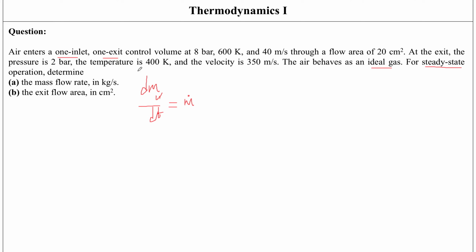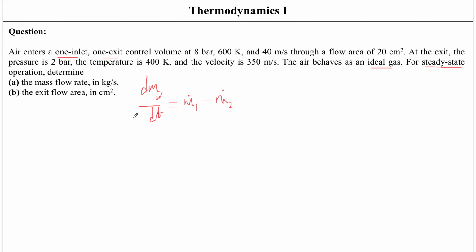But because we've only got 1 inlet, we only have m dot 1 or m dot i, you could say. And then you've only got 1 exit, so that is why you only write m dot 2. Otherwise, if there were 2 exits or outlets, it would have been minus m dot 2 minus m dot 3, or minus m dot e1 minus m dot e2. Okay, so this is inlet minus outlet.